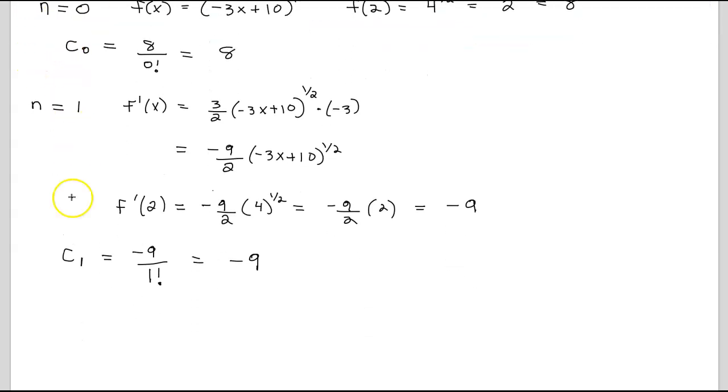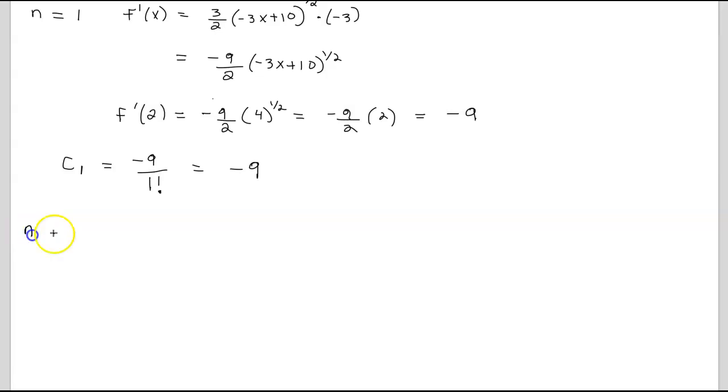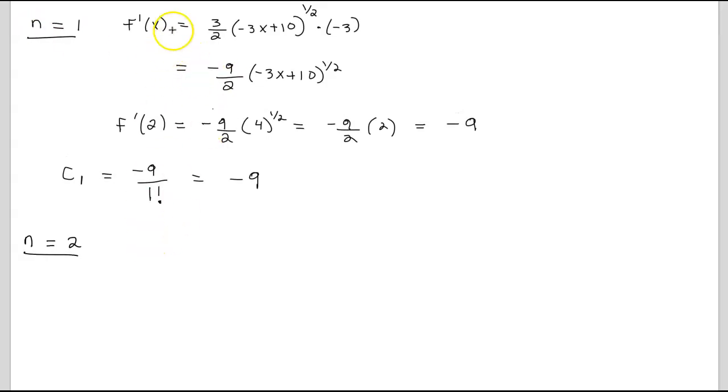Okay, let's proceed down to the n equals 2 case. Well, we'll take a second derivative. So we'll get f double prime.